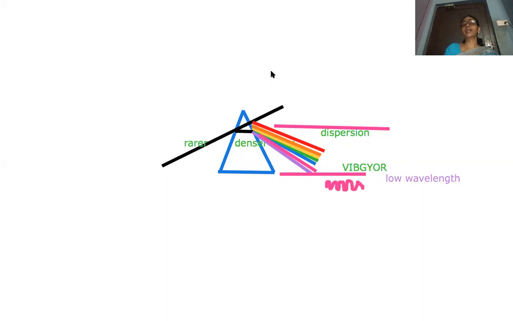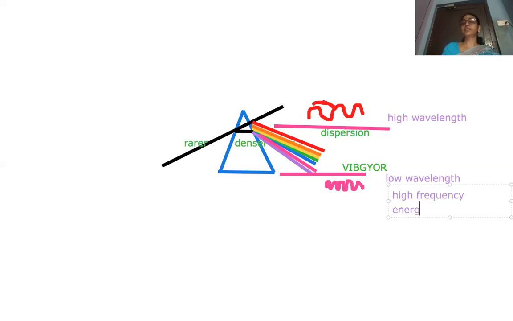But for red, the wavelength is more. We can draw it like this. Here you can see the distance between the 2 peaks is more, so the wavelength for red color is more. It has a high wavelength. A low wavelength means it has high frequency, and high frequency means energy is also very high.